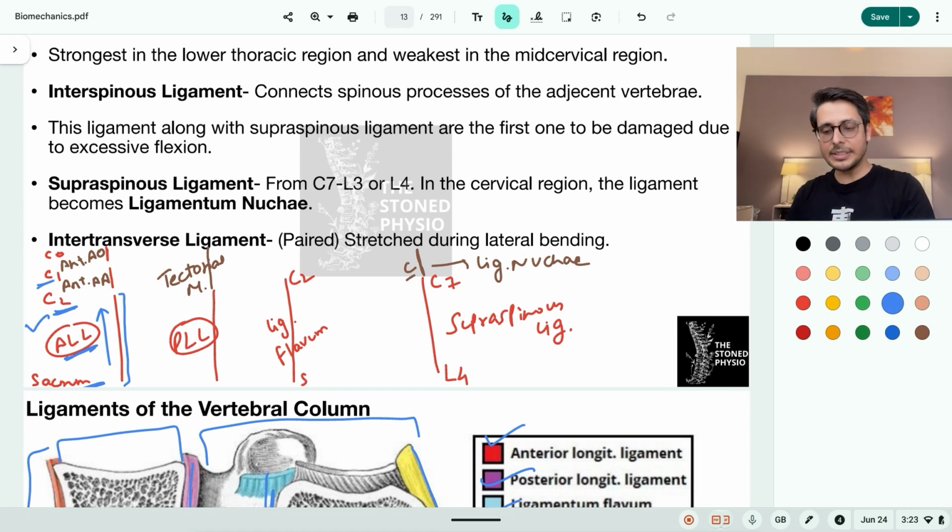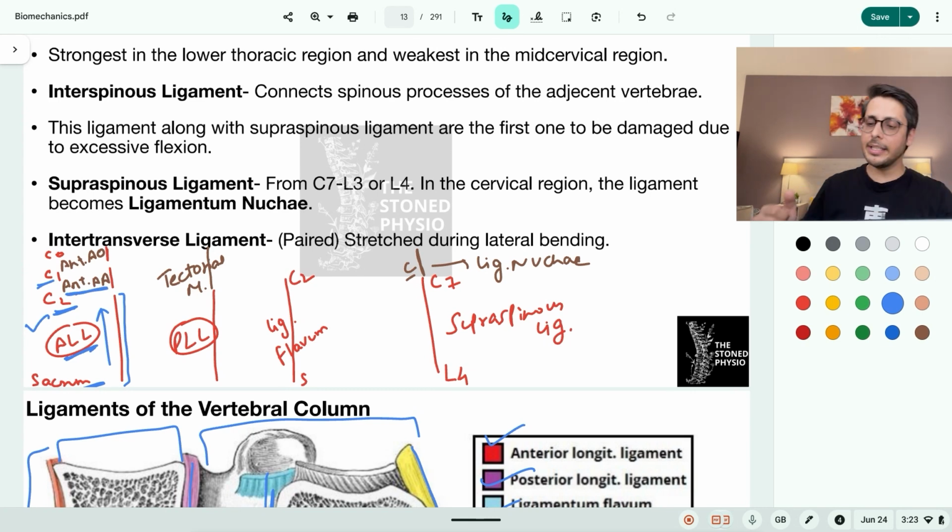So above C2, the anterior longitudinal ligament is named the anterior atlantoaxial ligament, between the atlas and the axis. So between the atlas and the axis, hence it is called the anterior atlantoaxial ligament.